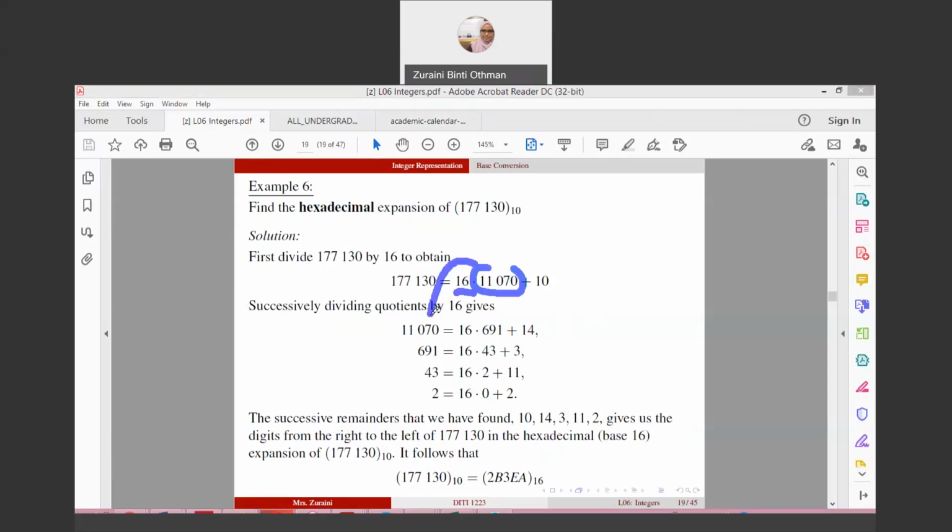This one is the same, until we get the remainders. So, write the remainders from the back to the front. But here we have to remember 10 is not 10 in hexadecimal. It is A. And 14 is represented as E. And 3, then 11 as B, then 2. Okay, this is the hexadecimal expansion for this particular decimal number.